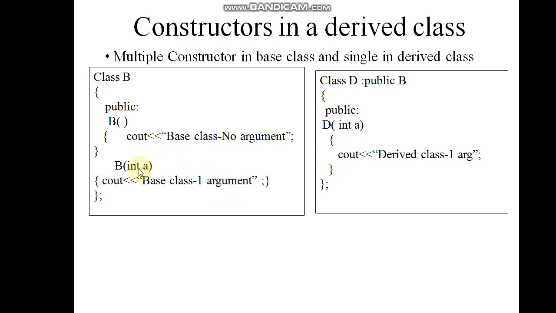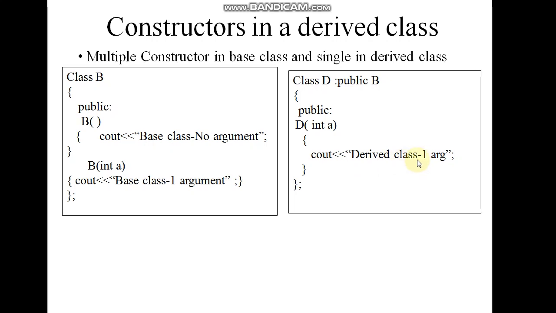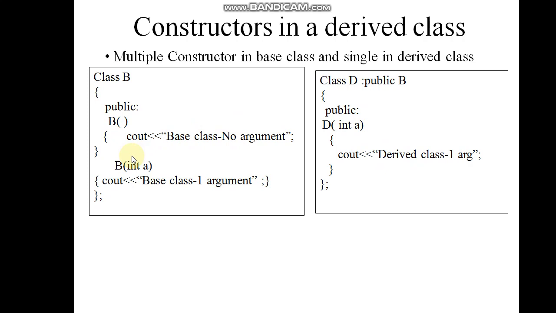This is the argument which must be passed by the derived class constructor. Now, the derived class constructor is also receiving one argument which will be used in it, which displays derived class which is receiving one argument. Now, this constructor is not passing any argument to the base class. So, this constructor cannot be called.